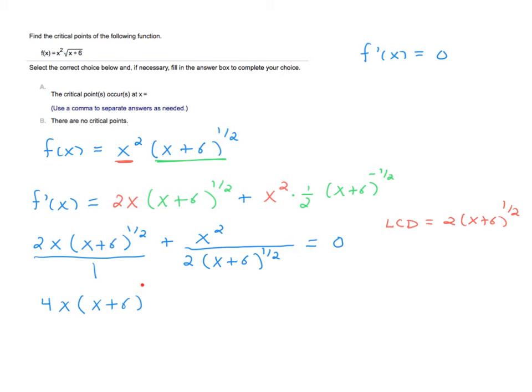And I'm just not going to write it. So here we just adjusted the first fraction by multiplying the top and bottom by 2 times x plus 6 to the 1/2. We're then going to add that to our other fraction, and because we have a common denominator, we can add these numerators together, and I'll put that on the next slide.